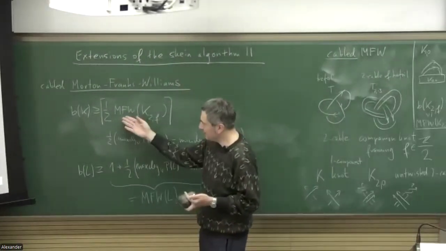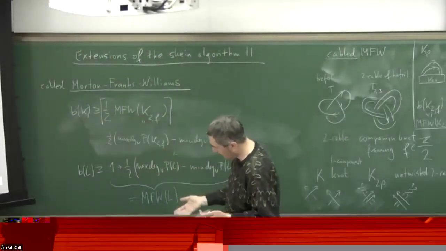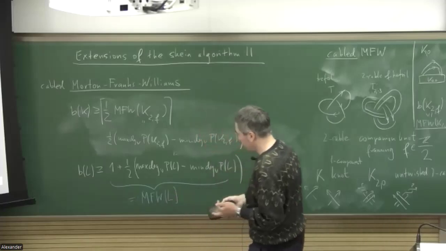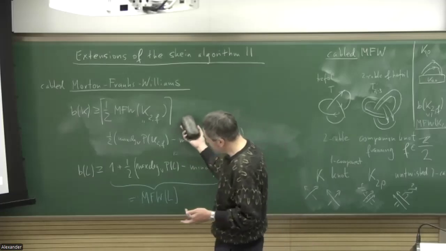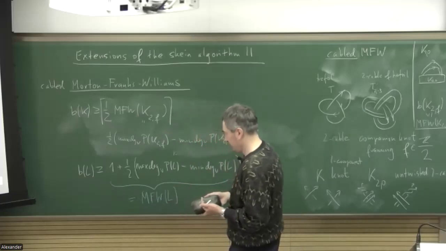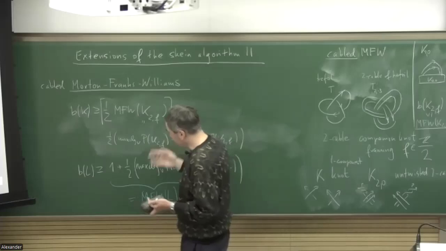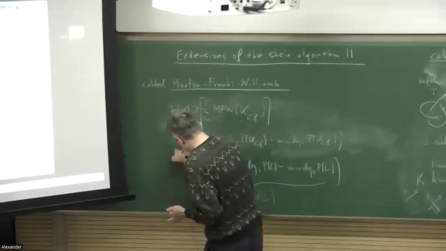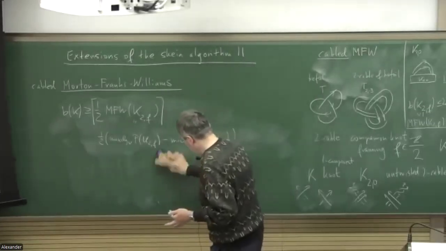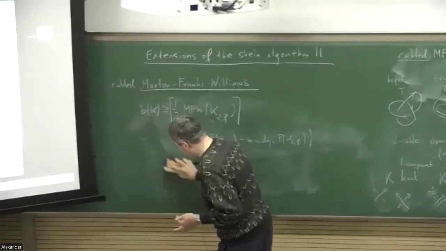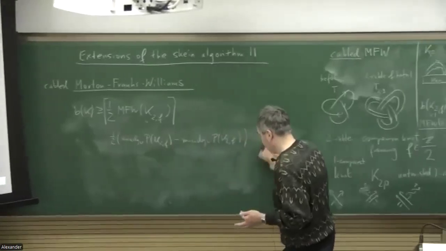So this can sometimes be better than the original Morton-Franks-Williams bound. You can sometimes get a better estimate of the braid index, and this can be used in certain cases where the braid index cannot be determined by Morton-Franks-Williams itself.